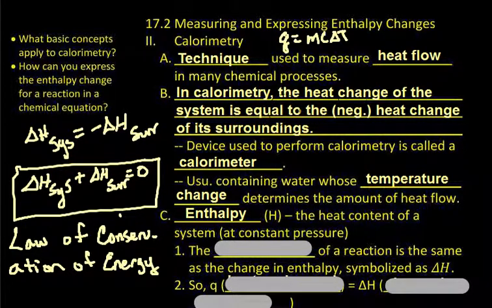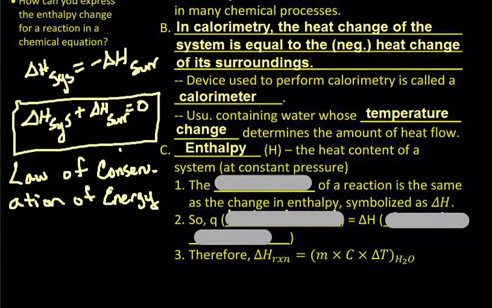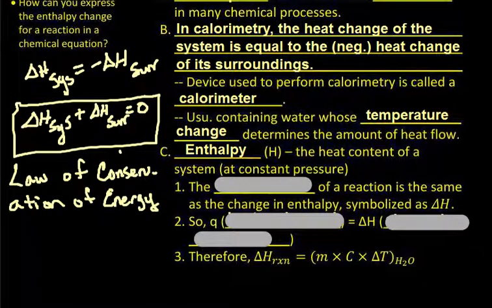Now, we then have enthalpy, which is the heat content of a system at constant pressure. The enthalpy will tell us how much heat is actually stored inside the system, or the surroundings.